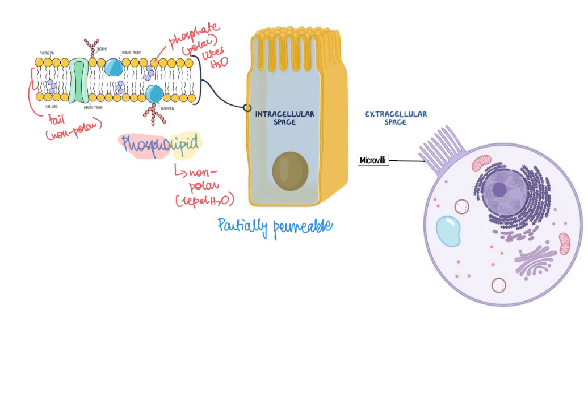They were both aqueous. But since now this layer is present between these two spaces, this middle part of this layer is going to repel water, which is why it's going to be centrally located, and this part, which is the phosphate head of this phospholipid molecule, is going to be attracted towards water, which is why this part is going to face the water and this part is going to face the water.